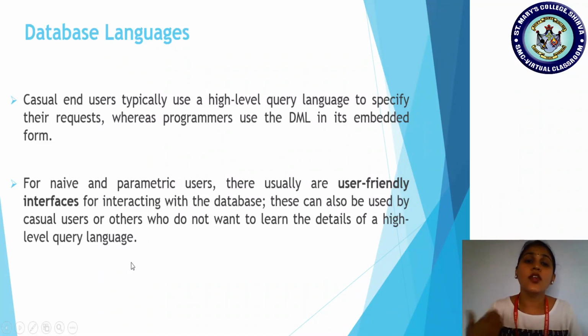It means the low level language, where just now I told those DML statements are embedded in other languages. So any persons who are having the ability with computer programming languages, those programmers will be making use of low level DML. They work with that. Whereas casual end users normally go for high level query language, where in a more simple way with some simple statements they can retrieve the information or insert or delete, do the modifications with the database.